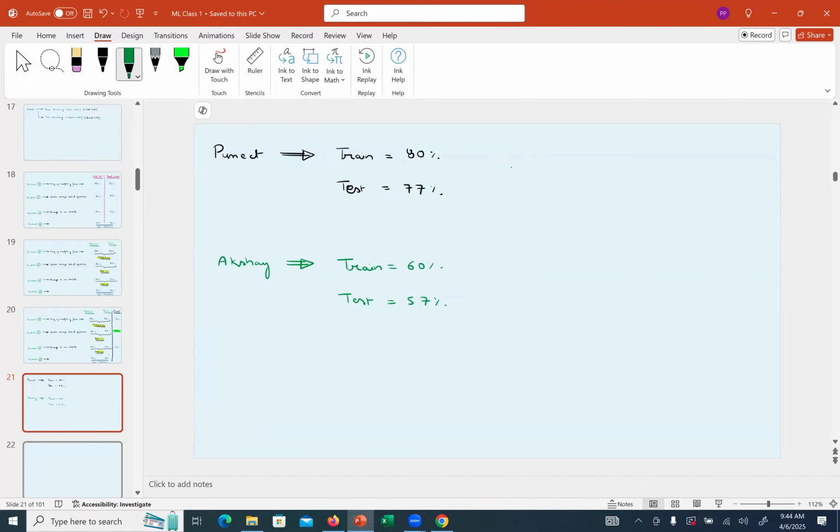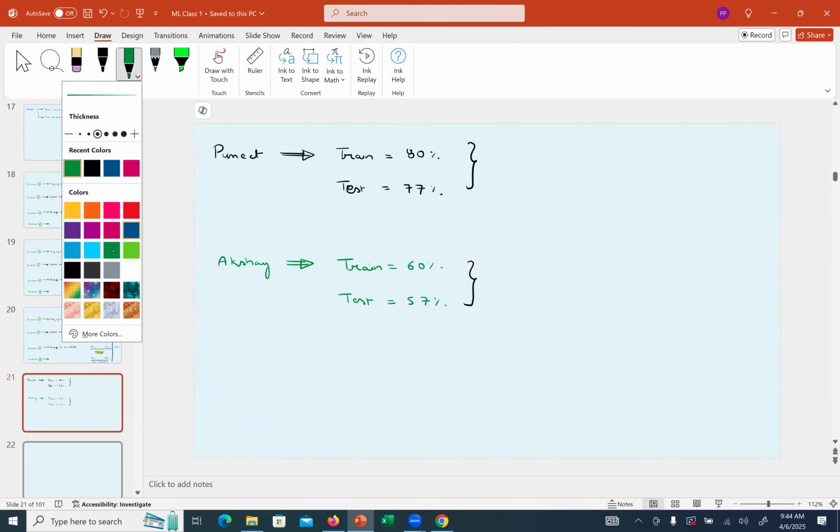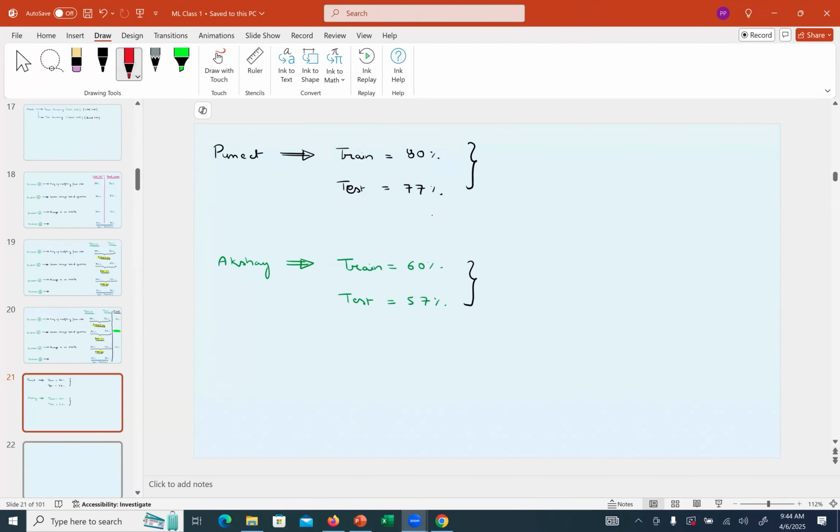Now, if I ask you, the accuracies that Puneet is getting, is it the best fit model, the overfit model, or the underfit model? What kind of model is it according to you? It depends upon the complexity of the problem statement and how accurate we want the model to be.